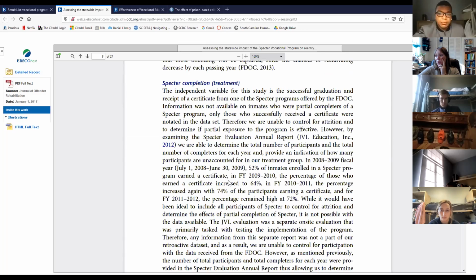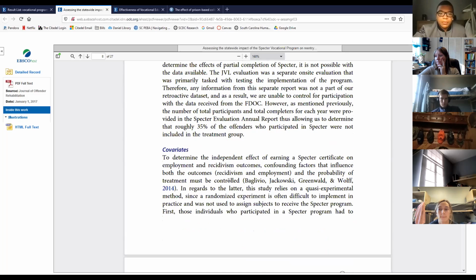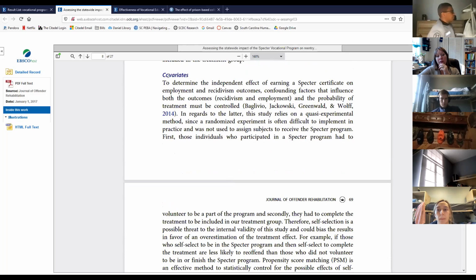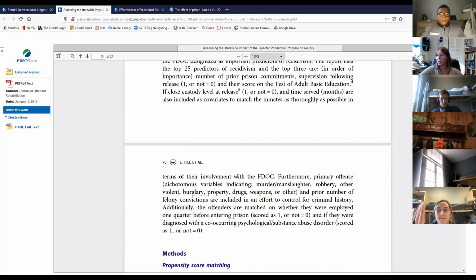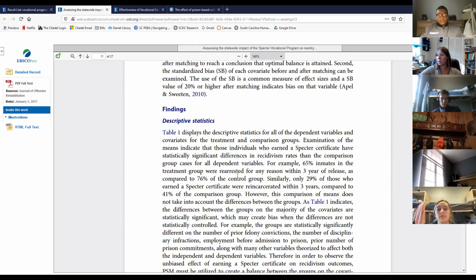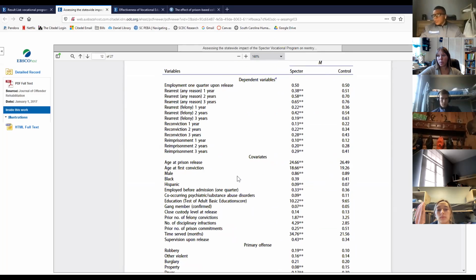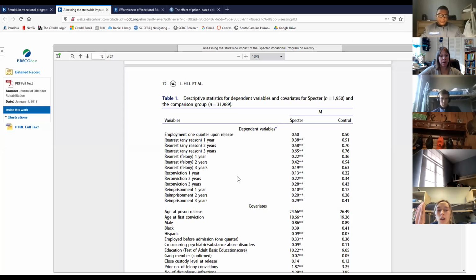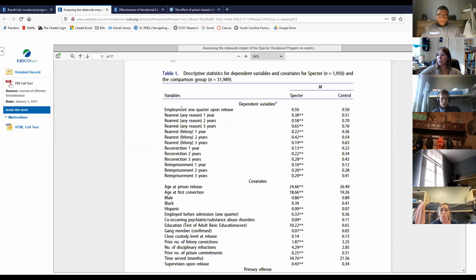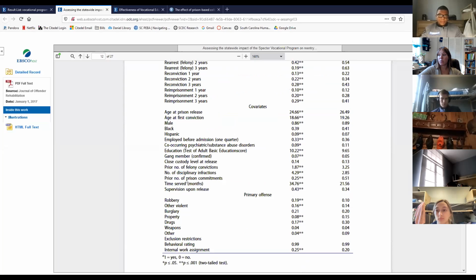Here's about the treatment program. A covariate is a fancy word for a control variable. So these are all the variables that we used. Remember I told you to always check table 1 for how many variables they're including. So here are all of our dependent variables, but here are the variables that we're controlling for.